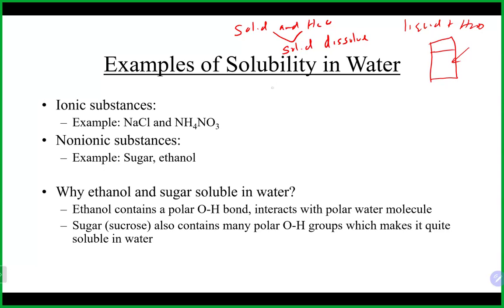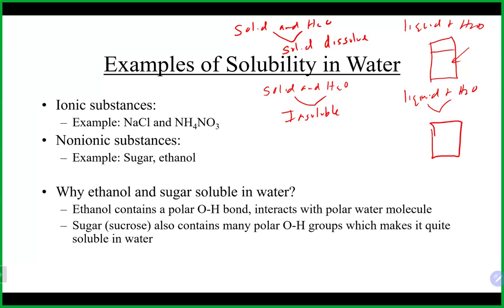As opposed to if we took a solid and water and they did not mix and they were insoluble, we would not get it to dissolve. You would still see the solid that's still there. Now, if we took a liquid and water and they did not mix and were immiscible in each other, we would see some different layering that's going to happen, right?